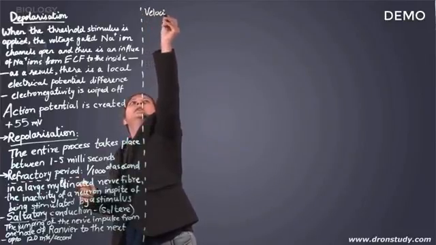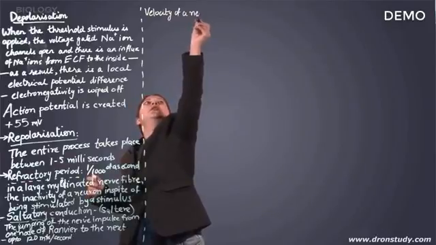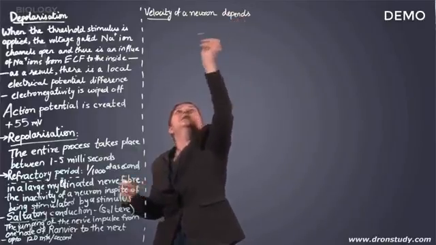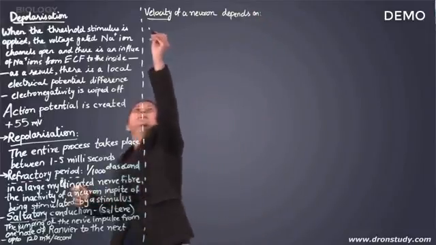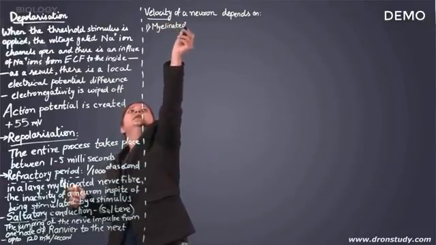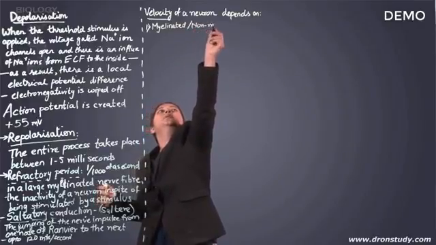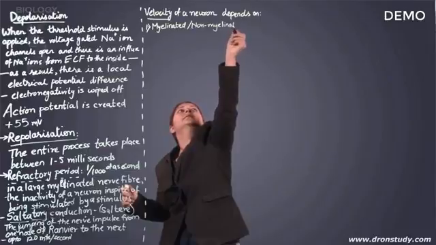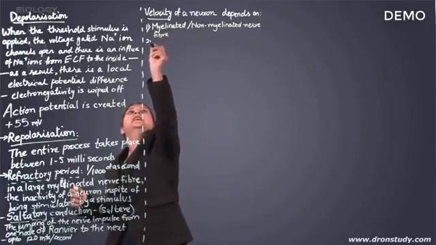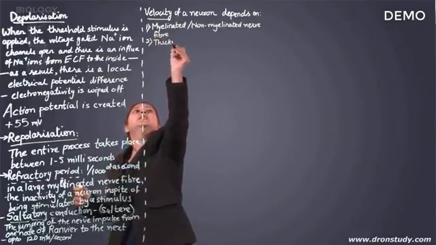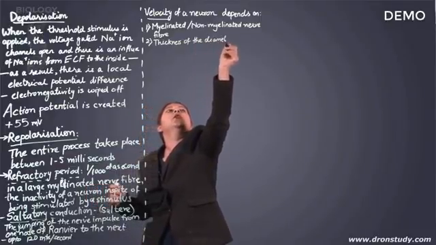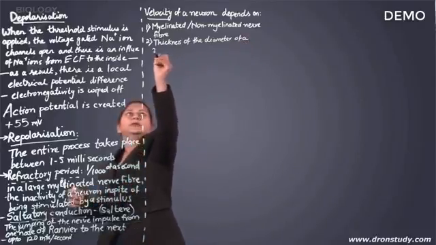Let's write: the velocity of a neuron depends on, one, whether it is a myelinated or non-myelinated nerve fiber, and second, the thickness of the diameter of a nerve fiber.